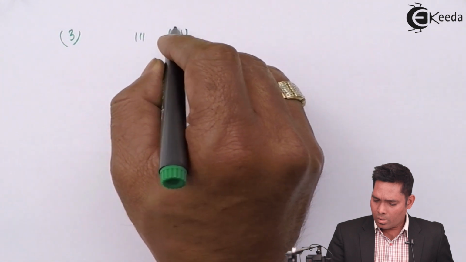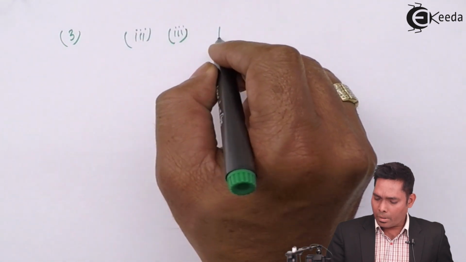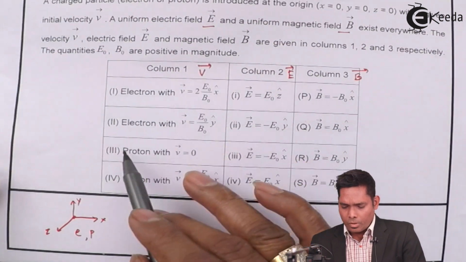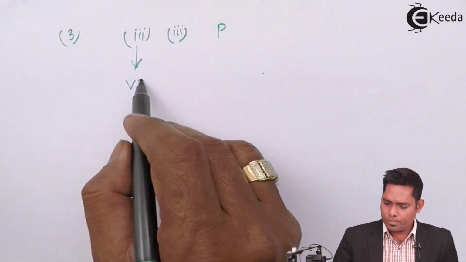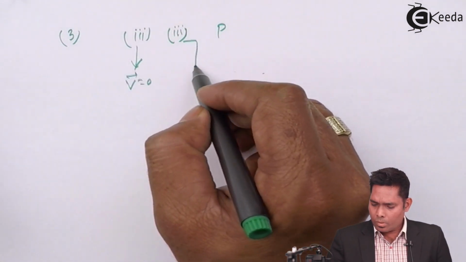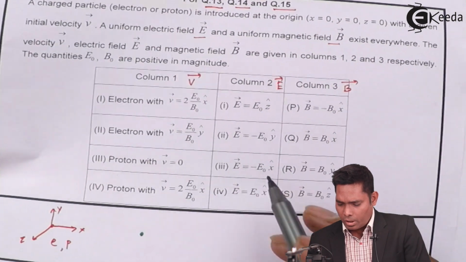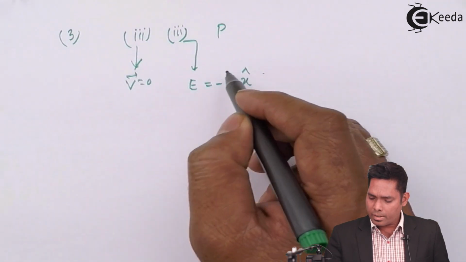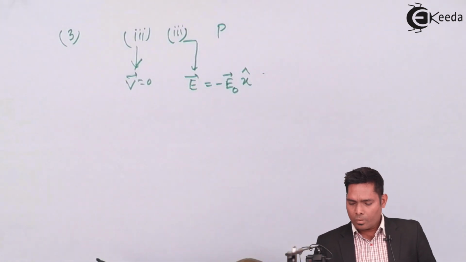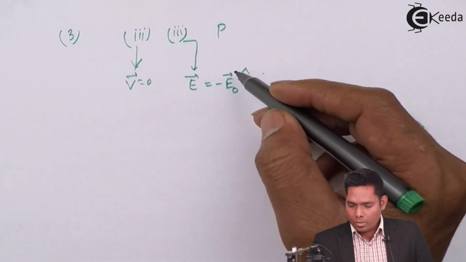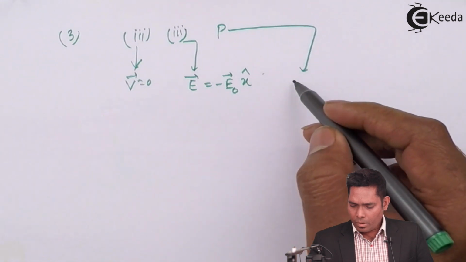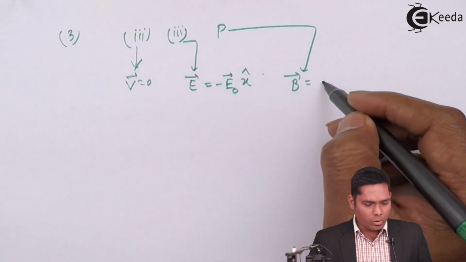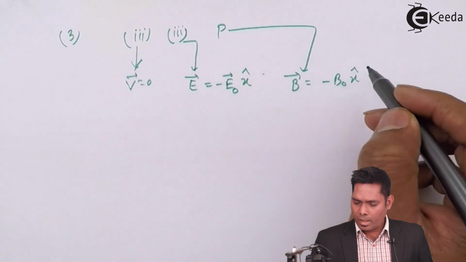So what is 3 standing for in the first column? 3 means proton with velocity 0. Here E is equal to minus E naught x cap. P is B equals minus B naught x cap.